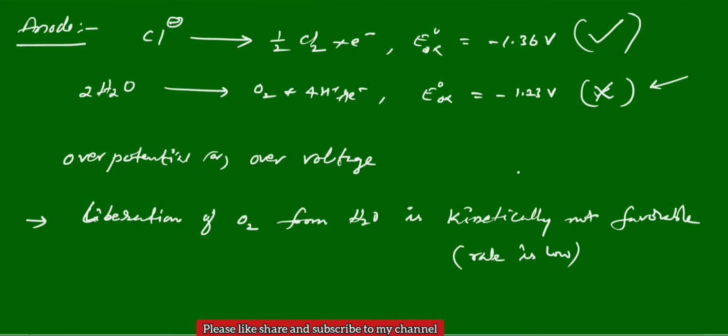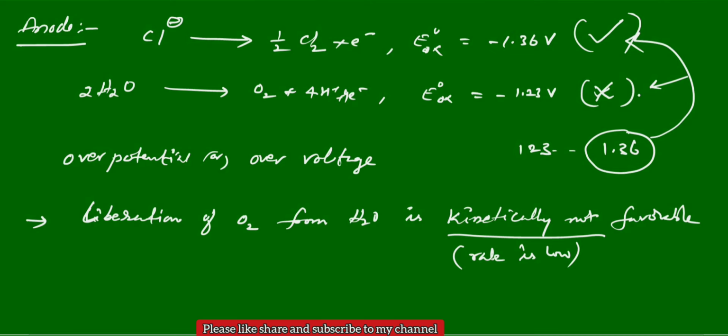But before that, when you apply a potential more than 1.23, we will reach the point 1.36. And whenever we reach 1.36, the liberation of chlorine may be possible. Kinetically, the liberation of oxygen is very slow, but the liberation of chlorine is very fast.